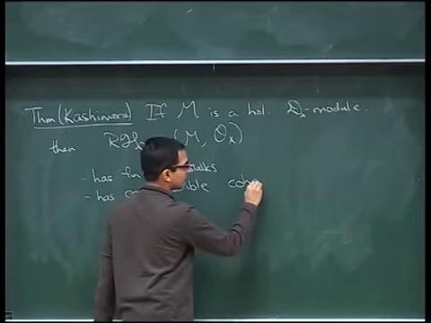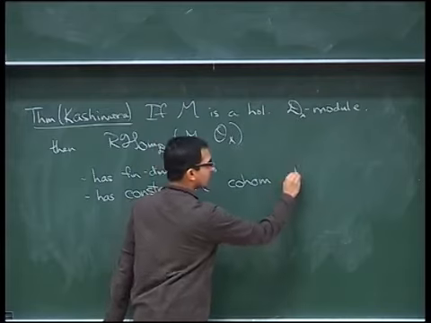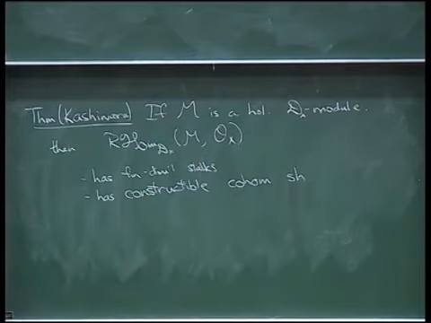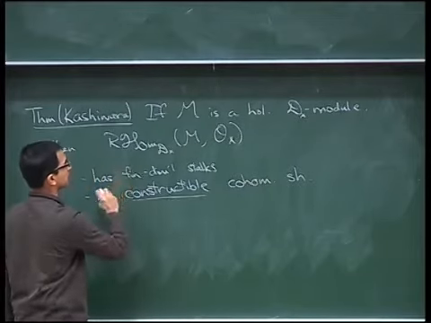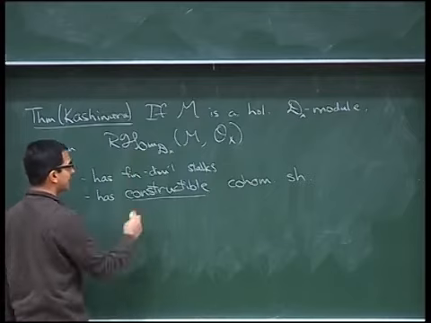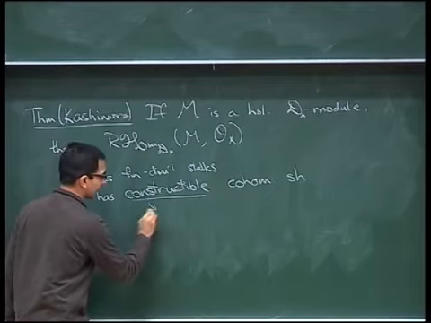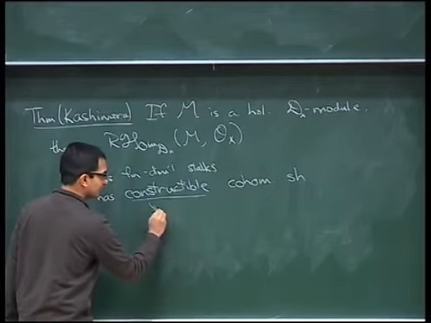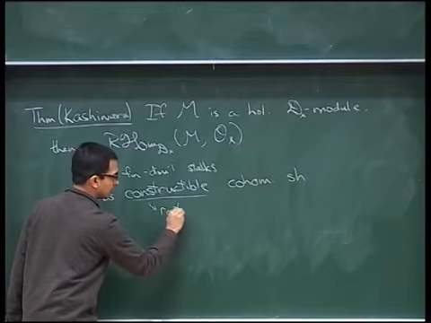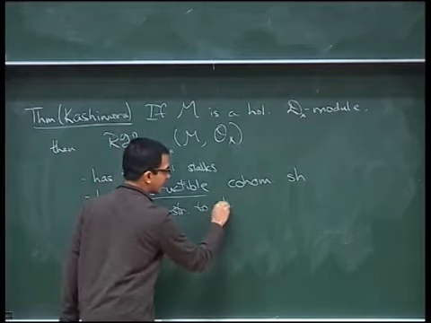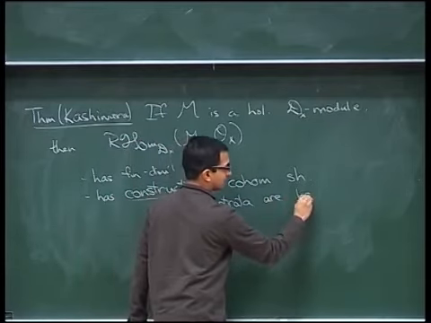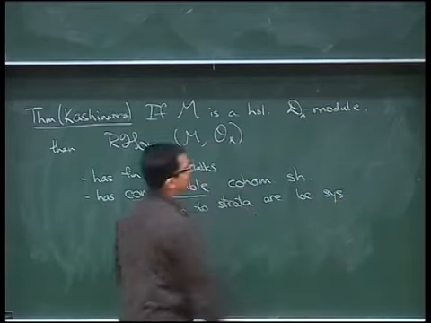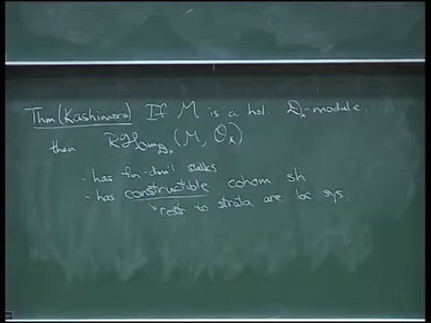Just to remind you, constructible means that there's some stratification such that on each stratum, the restrictions of the cohomology sheaves to those strata are local systems.